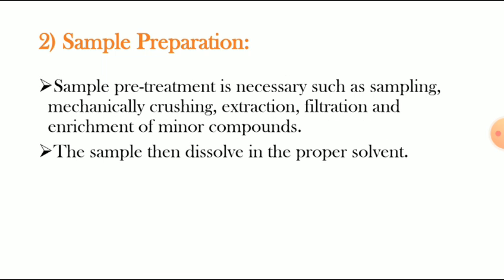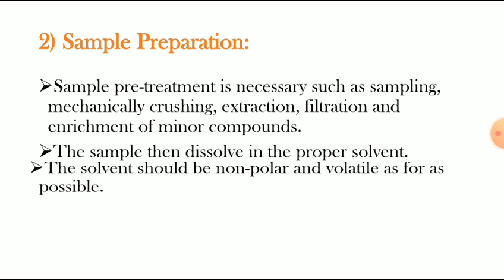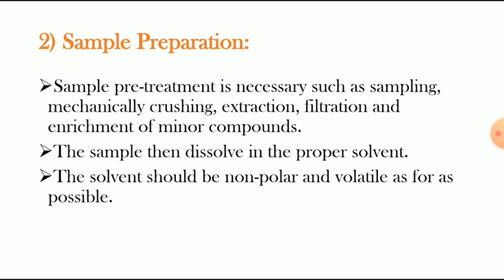The sample is then dissolved in the proper solvent. That means we have to first check the solubility or miscibility in a particular solvent. Then that sample we can use for the analysis. The solvent should be non-polar and volatile as far as possible.